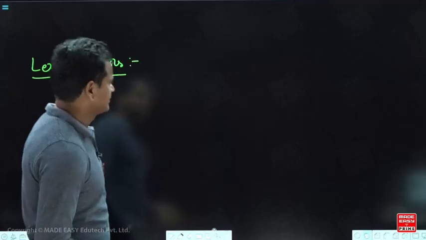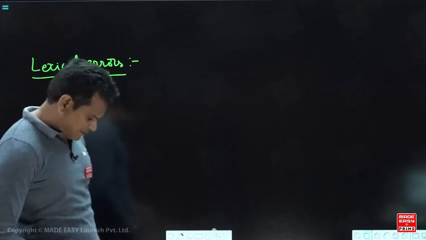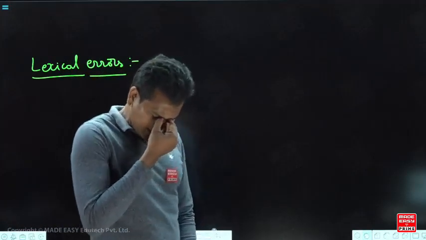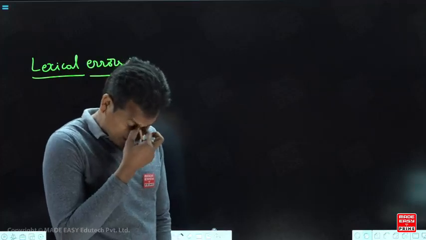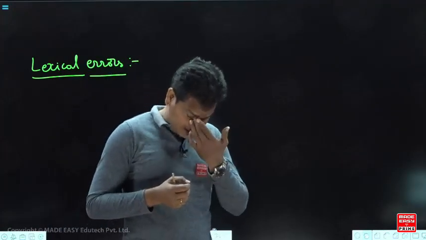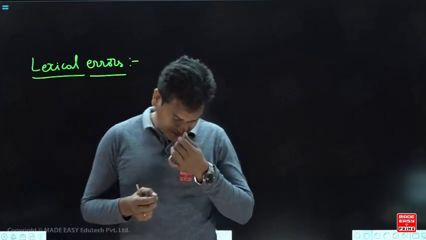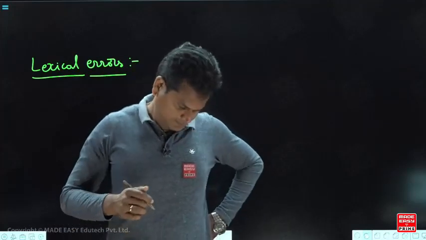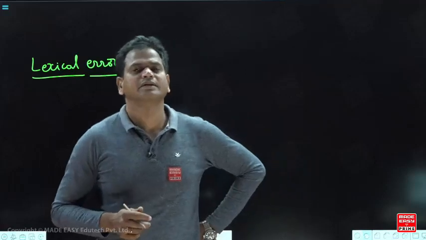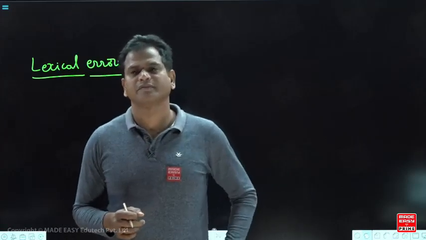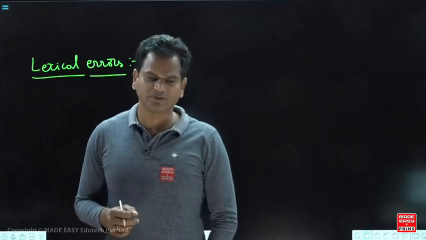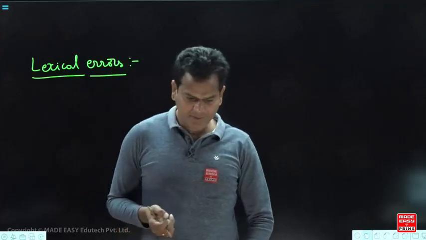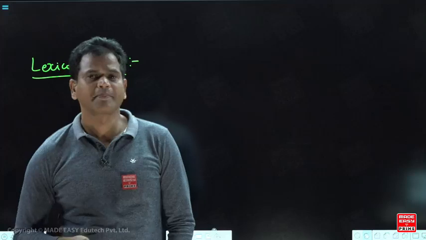Whenever a scanned group of characters is not matching with any of the rules of the tokens, then a lexical error will be produced.